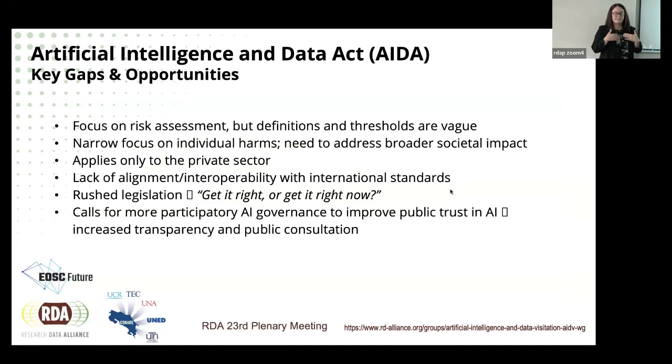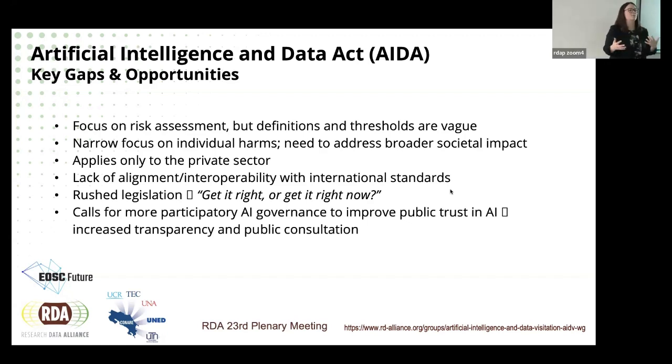Since this act was brought forth 2 years ago, there's been quite a lot of literature outlining its strengths, but also its weaknesses. I've listed here some of the key gaps and opportunities from the literature. While it does have this focus on risk assessment, the definitions and thresholds are still quite vague.